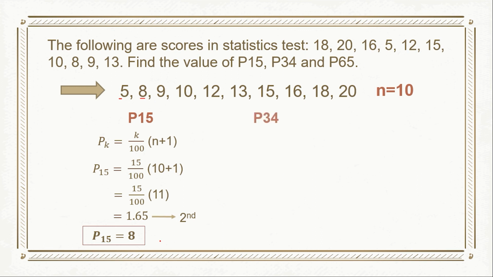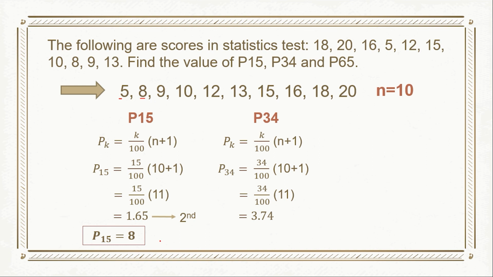Now, let's proceed with P34. So, same formula lang yung gagamitin natin. Since we are looking for P34, therefore the value of our k here is equal to 34 and the value of n is 10. So, substitute lang natin yung mga values sa ating formula. Okay, so we have 34 over 100 multiplied by 10 plus 1. So, 34 over 100 multiplied by 11, we will get 3.74, and P34 is equivalent to 34% and 34% is less than 50%.